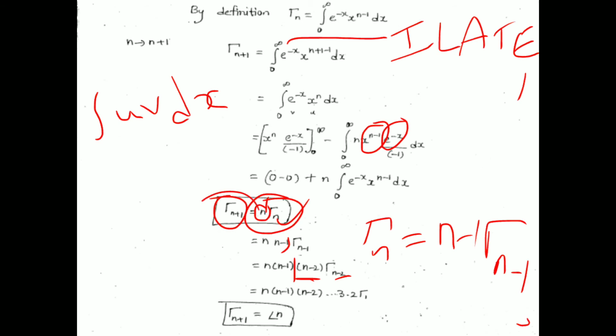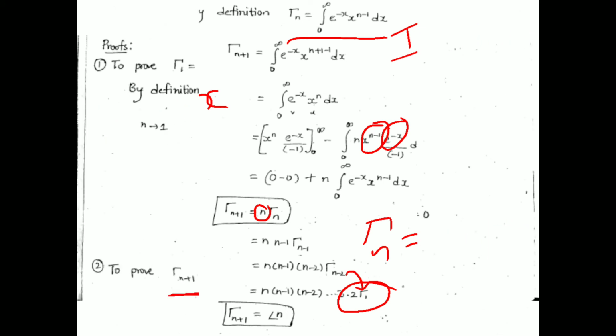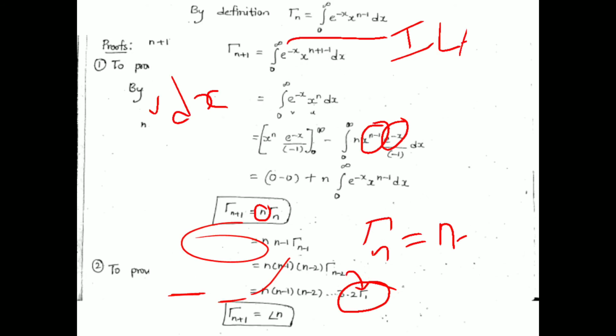If we go on applying this formula, finally where we will stop is here, gamma 1, that is 2 minus 1, gamma 2 minus 1. So finally we would stop at gamma 1, and we already know that gamma 1 is nothing but 1.